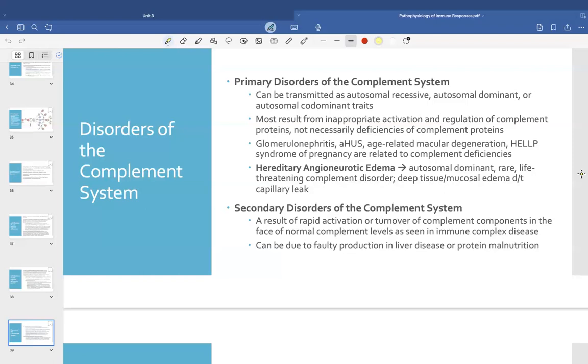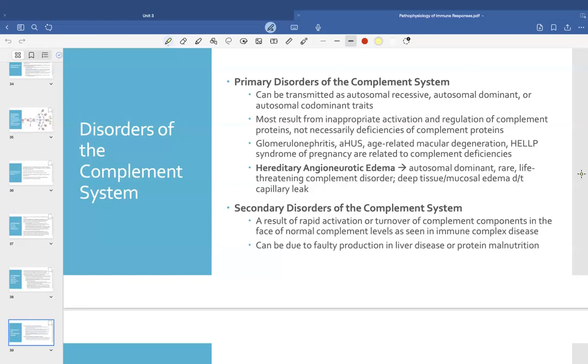Some of the secondary disorders involving complement: most of the time, since these are protein-based, it has to do with faulty production because of liver disease or protein malnutrition. Those are your underlying main issues.